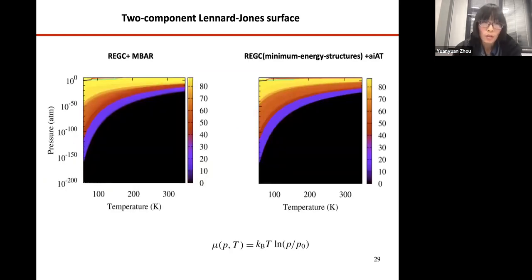For comparison, we built the phase diagram using two methods. One is, as I explained, that I use the IGC sampling data and then use MBAR to evaluate the partition function to calculate the free energy. The one with the lowest free energy is the most probable phase.